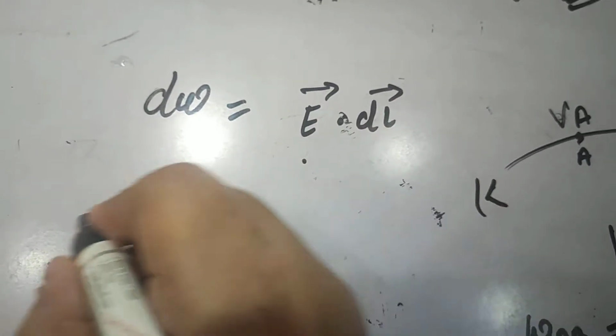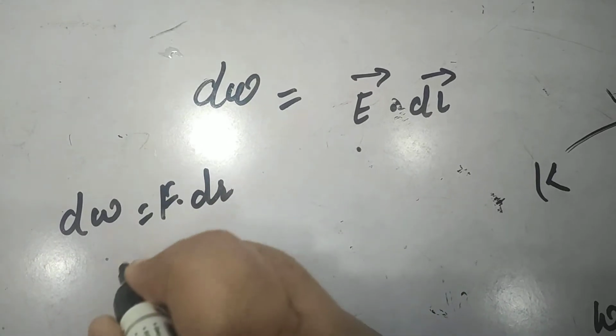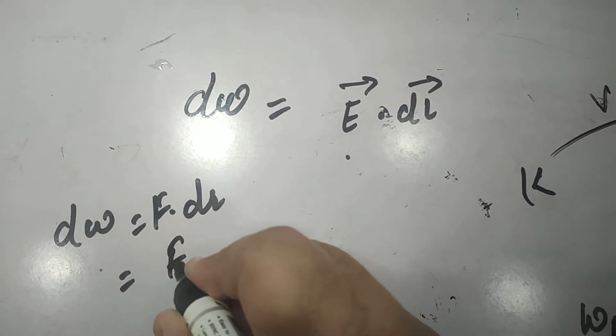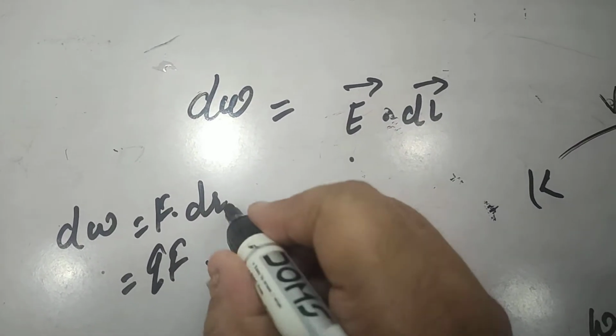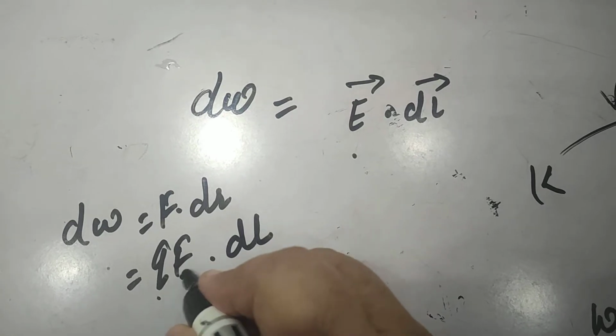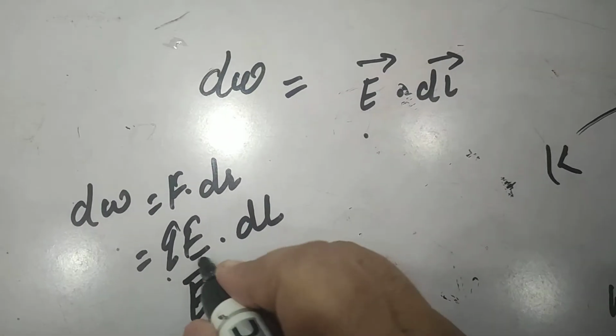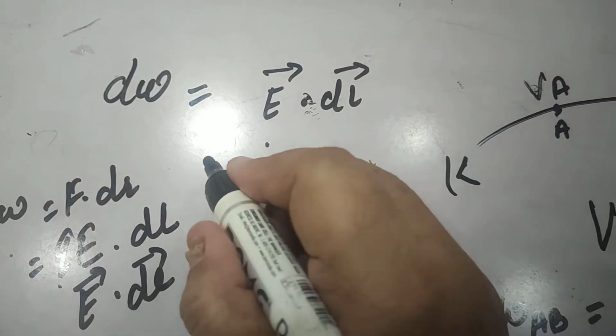Why E here? We know that dW is equal to F dr. Now F is given by q into E, and dr is here dl. Since q is a unit positive charge, F is equal to E. So that is why we have written E dot dl.